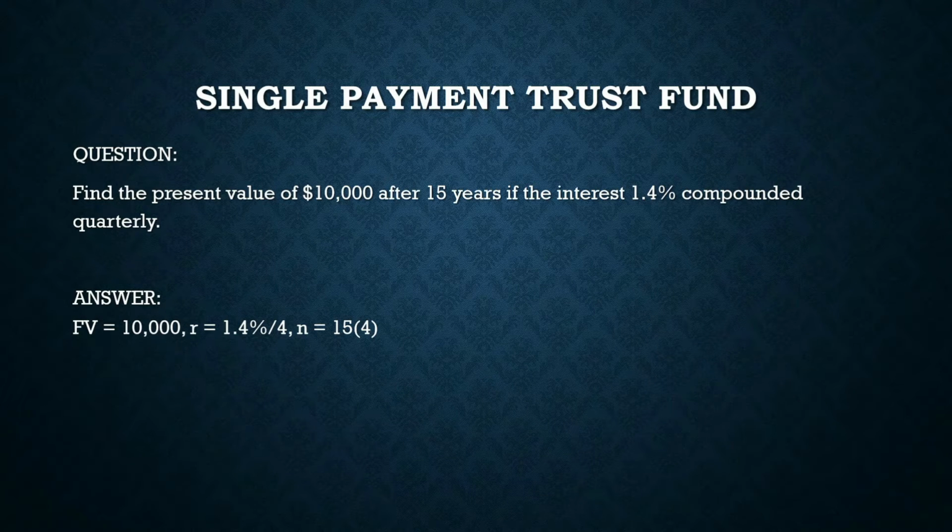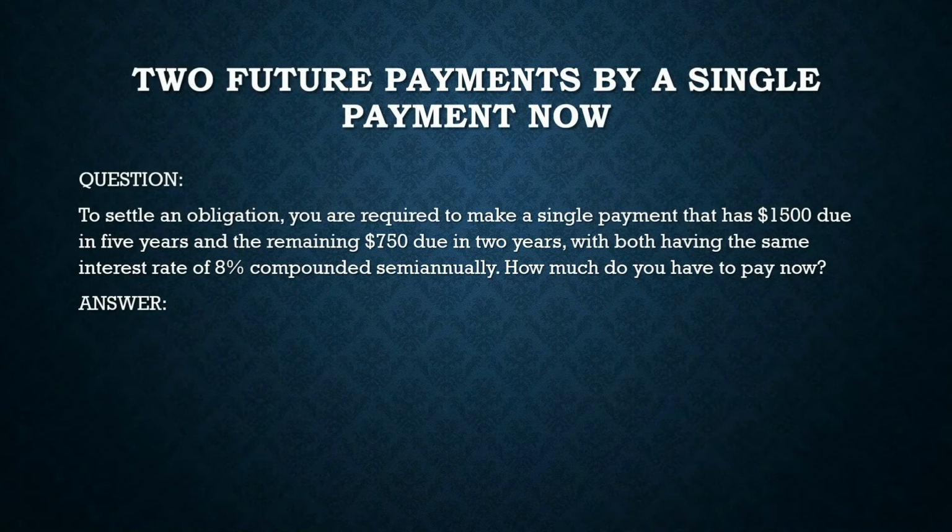Why do we use 4? Because it is compounded quarterly. And the PV is 10,000 times (1 plus 0.0035) to the power of negative 60, and we get $8,108.81.